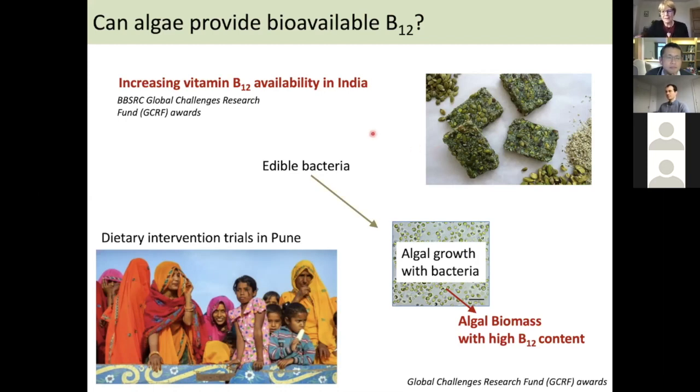So that's slightly unfortunate, but we do think that there is an opportunity to consider providing algal biomass for foodstuff as a source of B12 using this approach of growing them with edible bacteria.